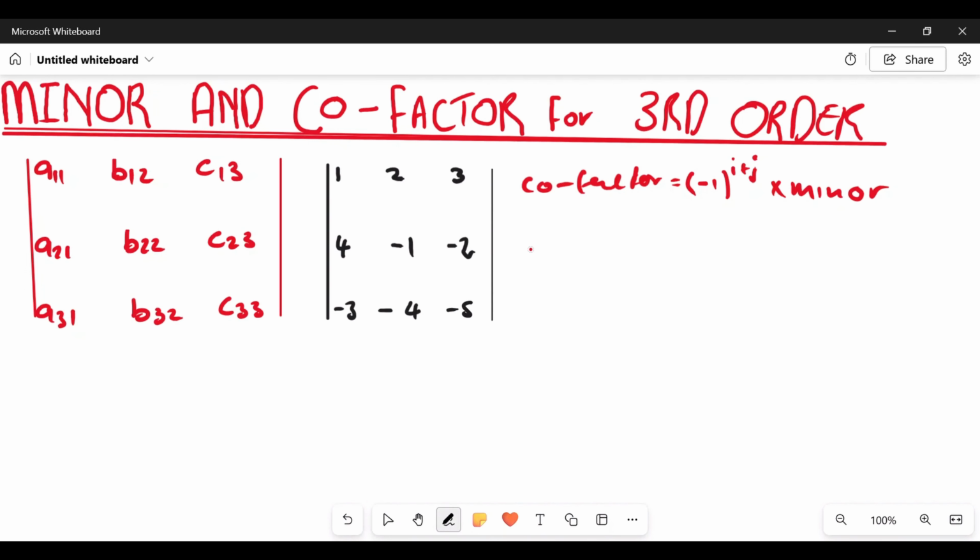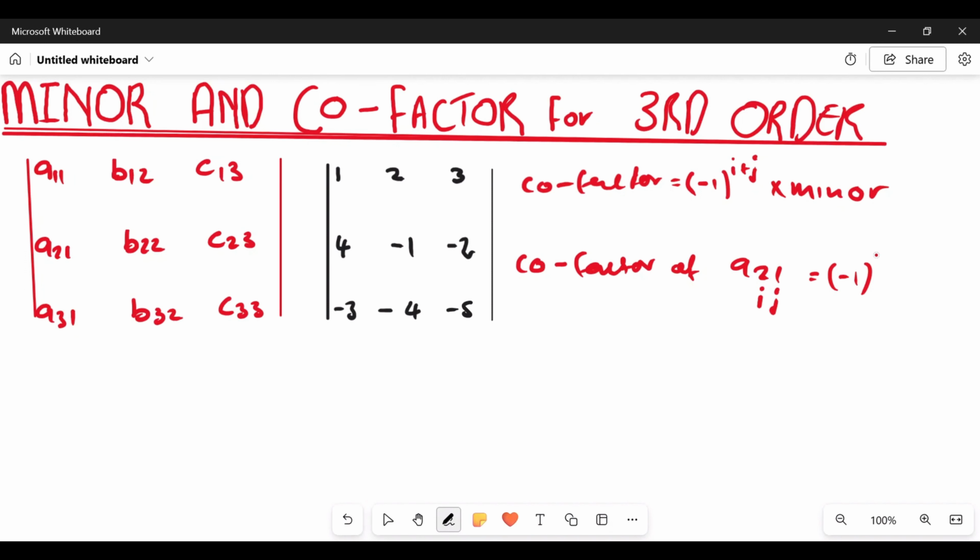Let's say, for example, we say to you, find the cofactor of maybe A21. Now, on A21, you want to insert -1 inside the bracket, but then as you can see, we have 2 and 1 there. We know that 2 is for i and 1 there is for j.